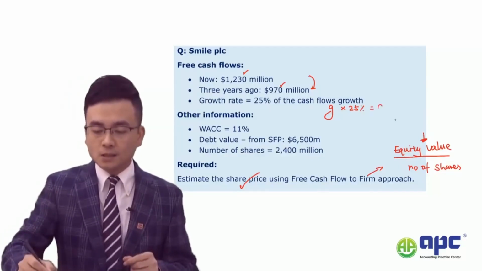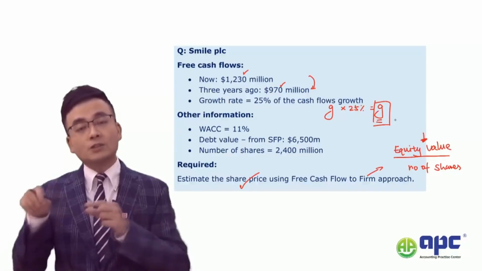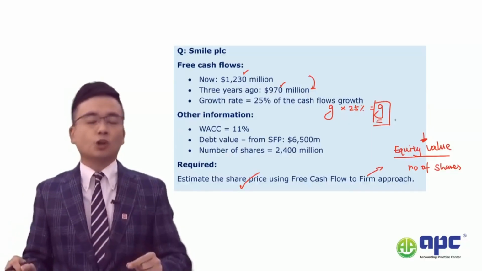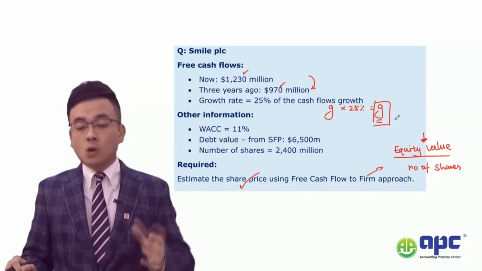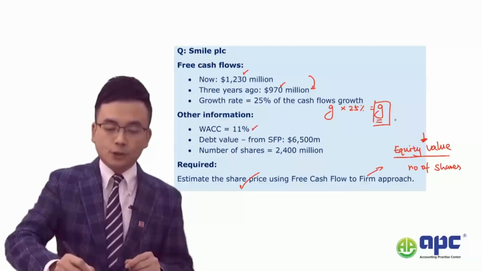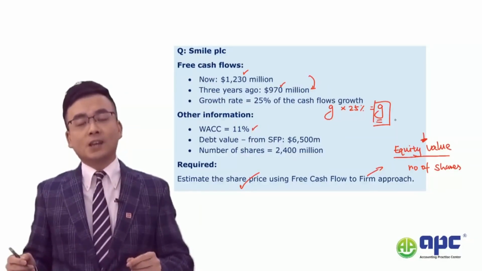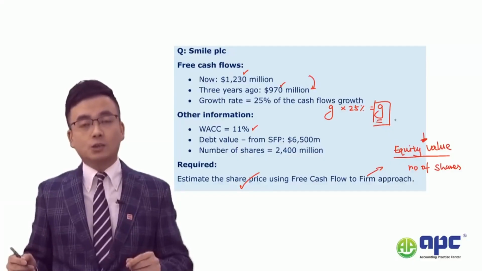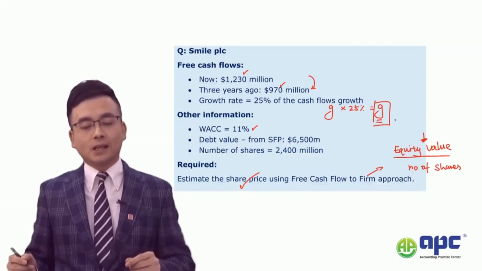That will give me the true growth rate. Then we'll need to calculate the future free cash flows. We are also told the weighted average cost of capital, the discount rate, is 11%, which includes not only the equity element but also the debt element.